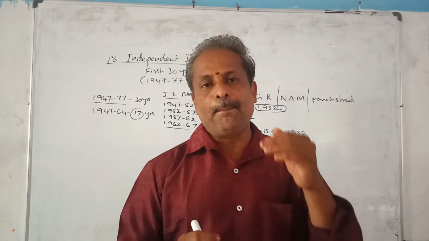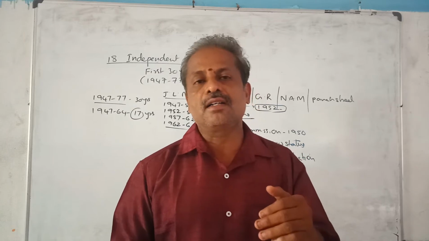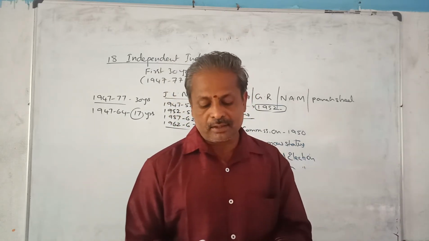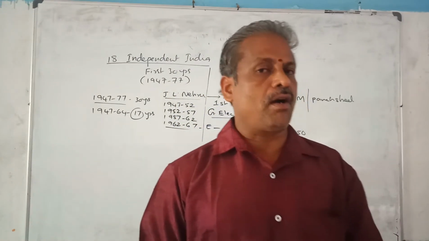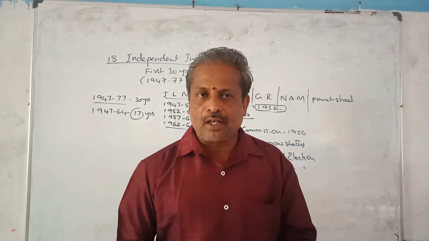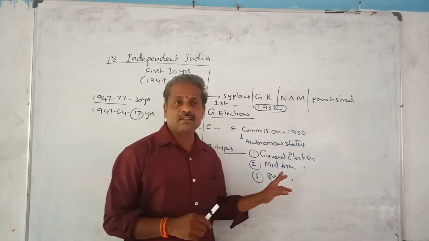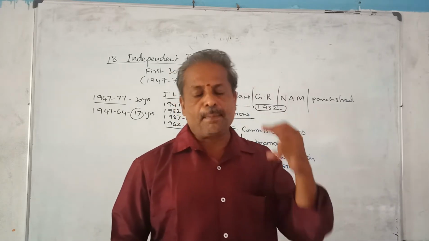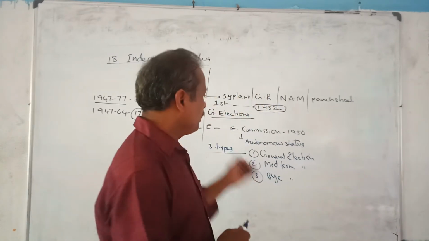These are the main features, and this type of elections come under general election. So an election is conducted by Election Commission every 5 years once for all the assembly constituencies and parliamentary constituencies throughout the country. Separately for state and separately for central are called general election.